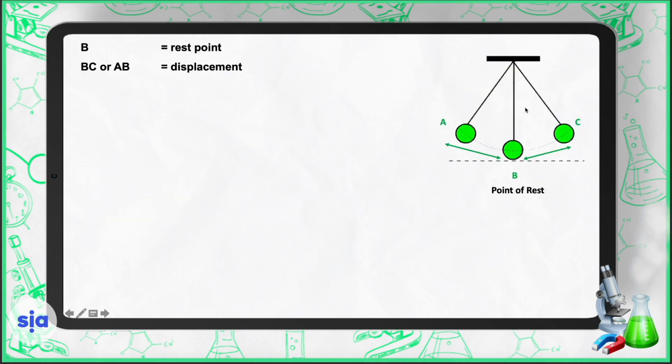In this diagram, here is a simple pendulum. Of course, B is the point of rest, and this oscillatory object is moving to the left and to the right.